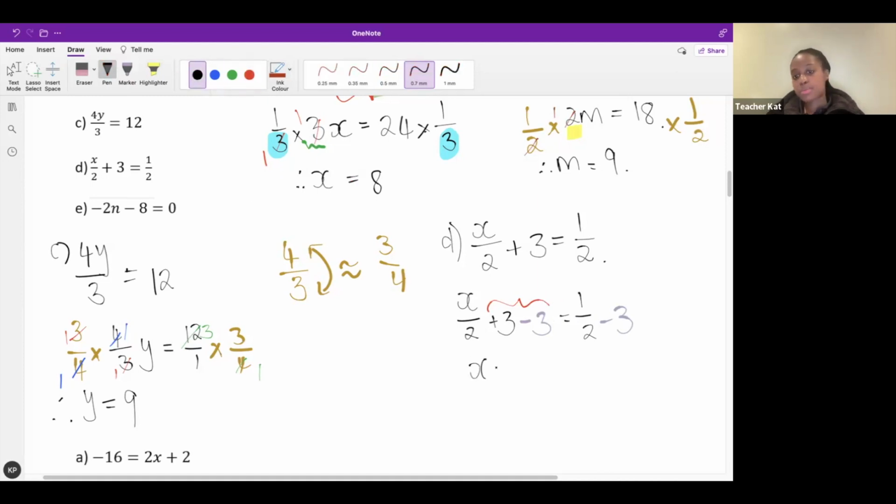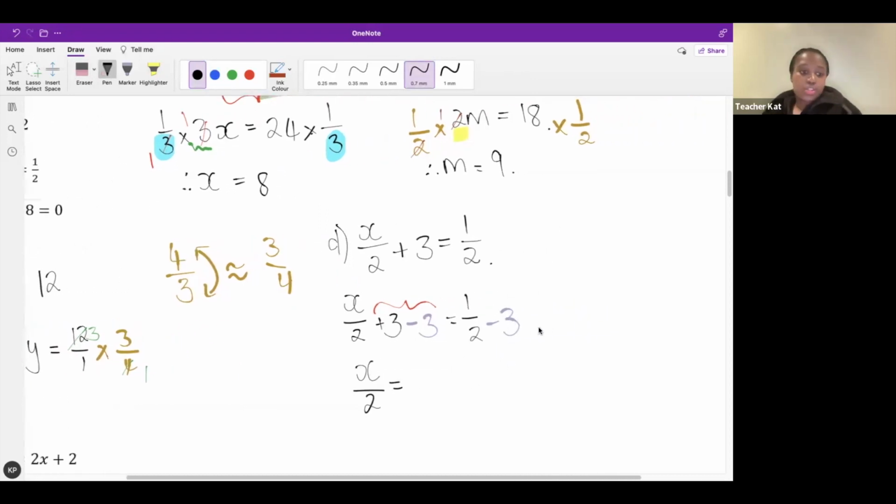There's 0, so I'm going to be left with x divided by 2 is equal to, what is a half minus 3? It's negative 2.5. Do you guys see that? You can convert 3 to an improper fraction. So then you'll be left with a half minus 6/2.